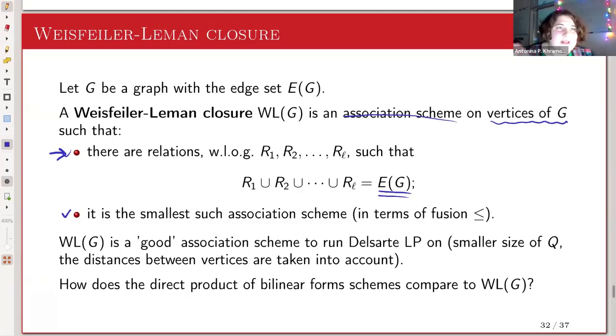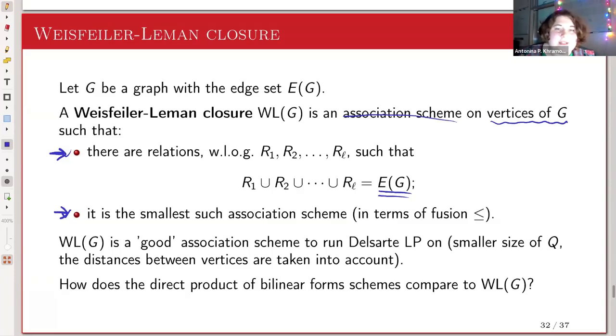We don't have two vertices at distance less than d and two vertices at distance more than d all fused into the same relation because of that. But also it is the smallest scheme in terms of the number of relations, and the number of relations is the size of Q, the second eigenmatrix, and that is essentially the size of our linear program.